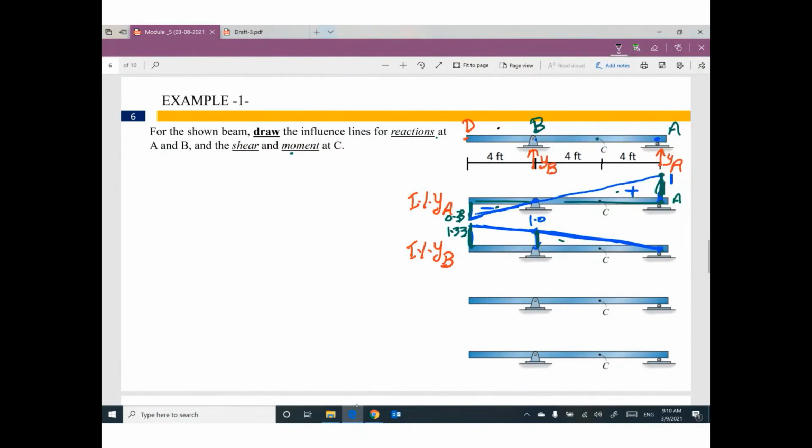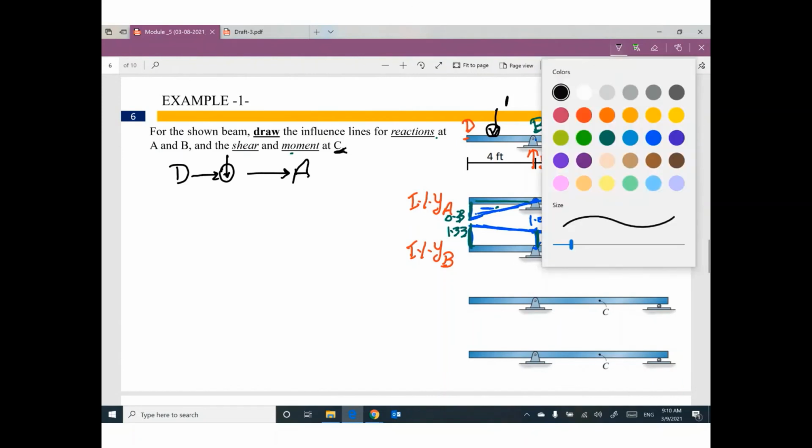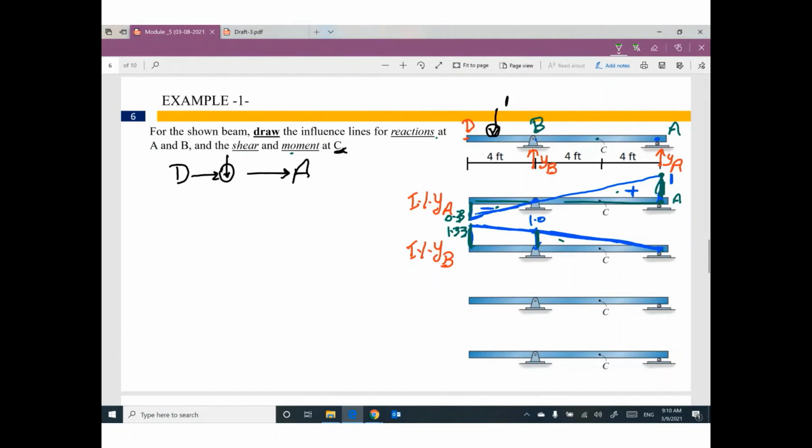Your moving load, which is 1 unit, starts between D, the beginning of the bridge, and point A, the end of the bridge. That's right. Point C that you are looking for intersects this strip between D and A, the beginning and the end of the bridge.